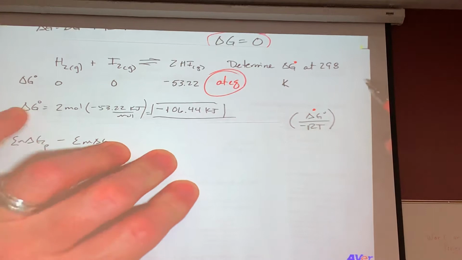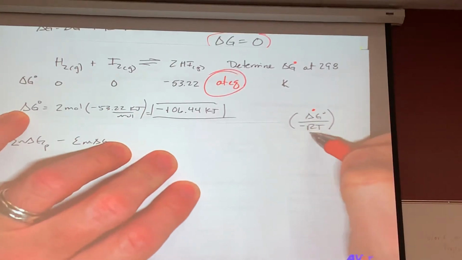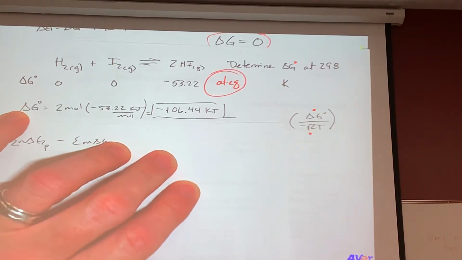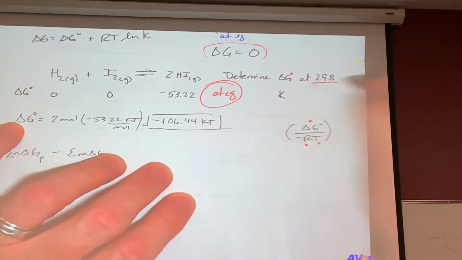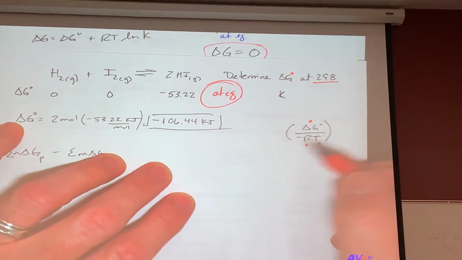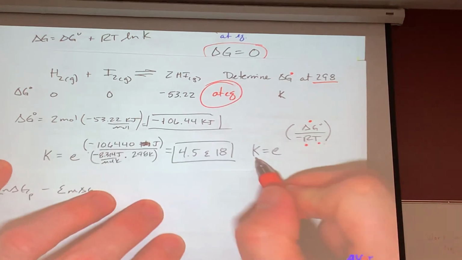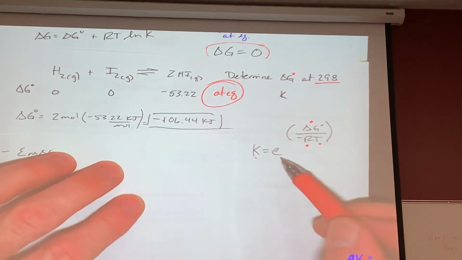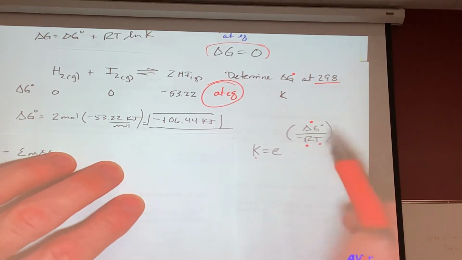You have R, it's a constant, 8.314. You have temperature, 298 K. So at this point, the only thing you don't know is the value of K. So K is equal to e to this.